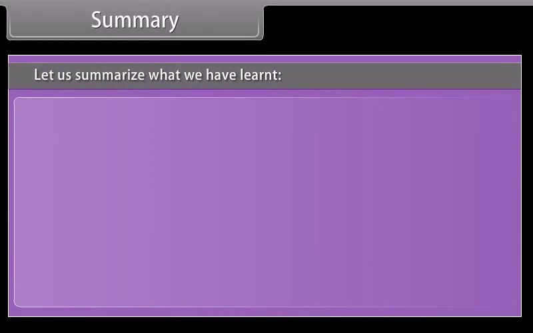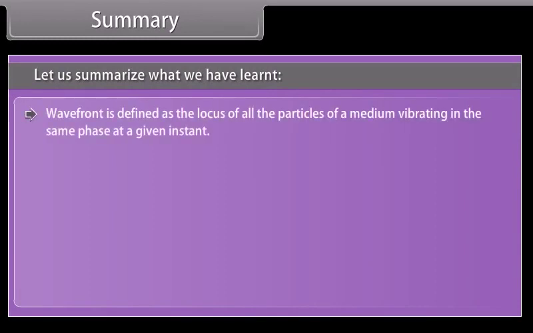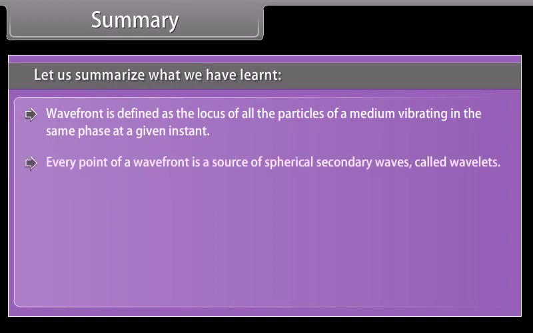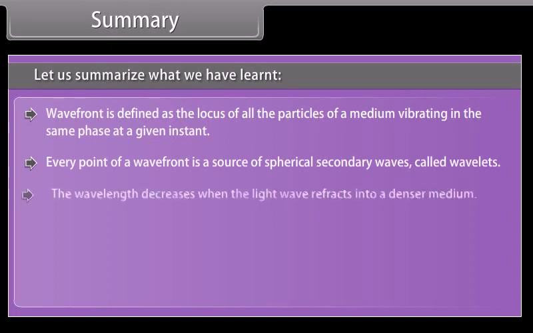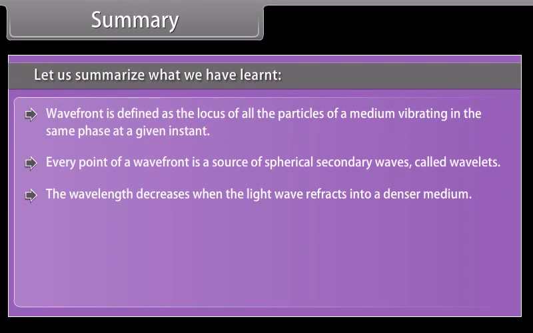Summary. Let us summarize what we have learned. A wavefront is defined as the locus of all the particles of a medium vibrating in the same phase at a given instant. Every point of a wavefront is a source of spherical secondary waves called wavelets. The wavelength decreases when the light wave refracts into a denser medium.